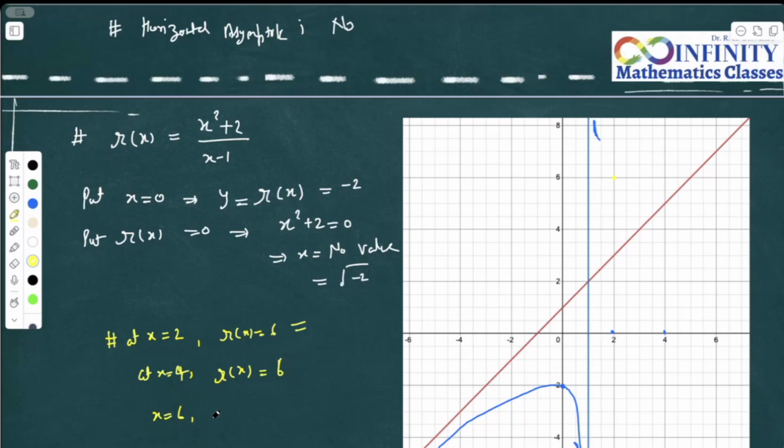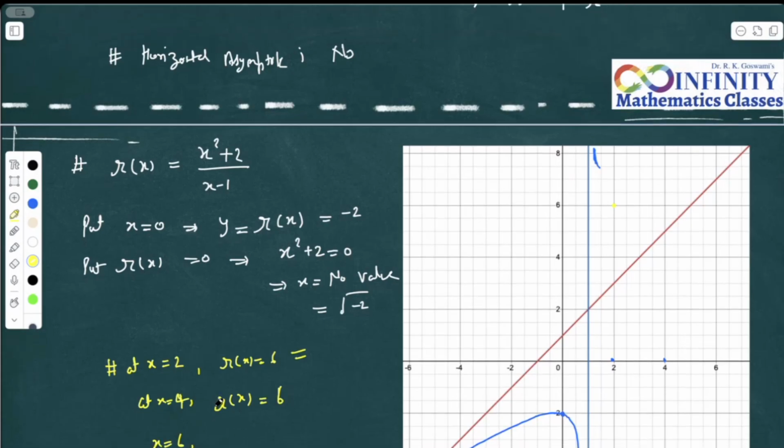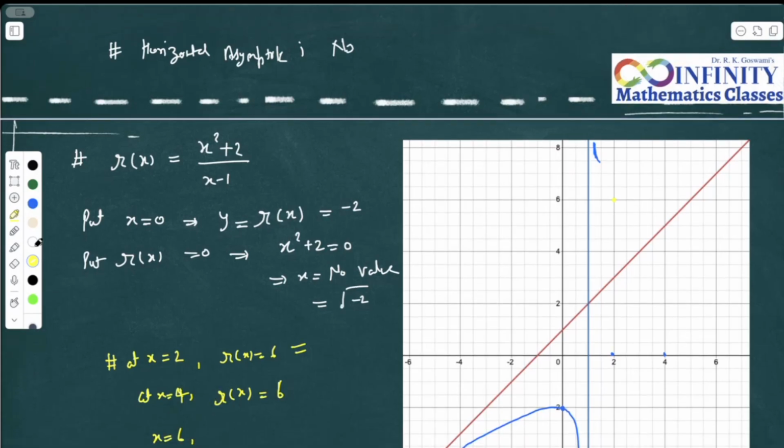It'd be 36 plus 2, 38 over 5, which is 7.6. So at 2, let me just use the point (2, 6) there.